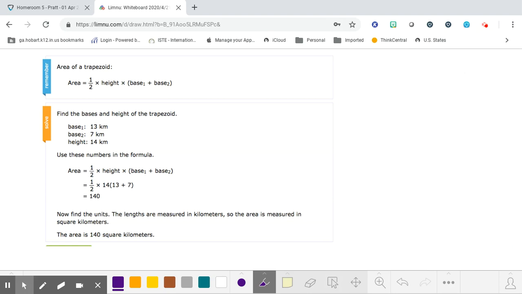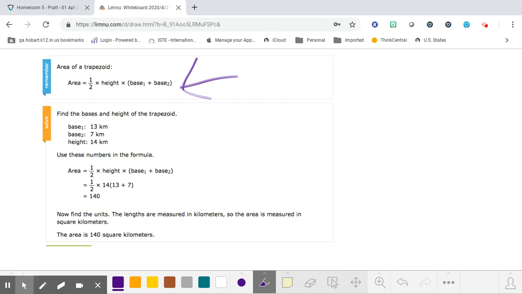If you remember, for a triangle, it was area equals half times base times height. So this is very similar to that. In the area of a trapezoid, it is area equals half times height times base 1 plus base 2 in parentheses. So remember our order of operations when we are doing this.